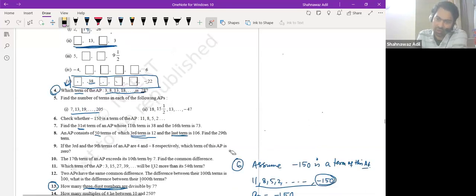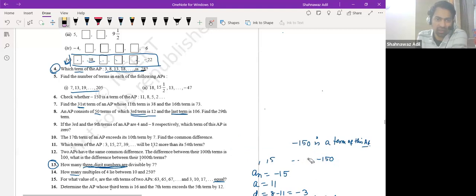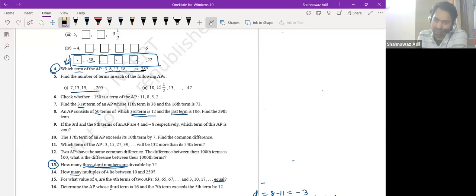Find the number of terms in each of the following. Always step-by-step calculation is very important, right? So in that way, we reduce the calculation. So A is 18. First, we write all the information that we have.